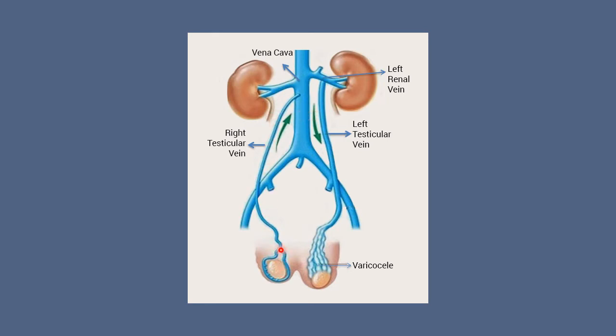On the right side, it drains into the vena cava directly, whereas on the left side, it enters at a right angle to the left renal vein, which carries the blood into the vena cava. This is at a right angle, and as a result, there is some degree of stasis of blood in the left testicular vein, causing a slight dilatation, and explains the reason why varicocele is more often seen on the left side.